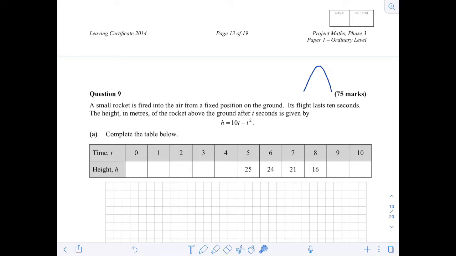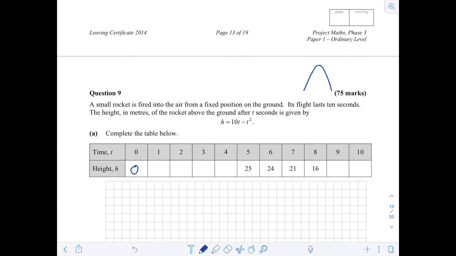And we get out 0, 9, 16, 21, 24, 25, 24, 21, 16, 9, and then again we have 0.